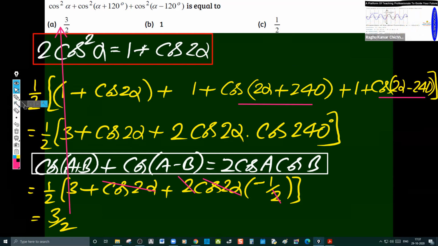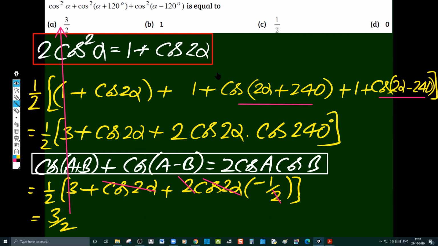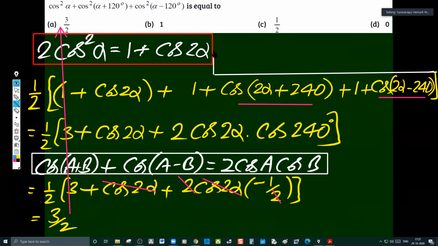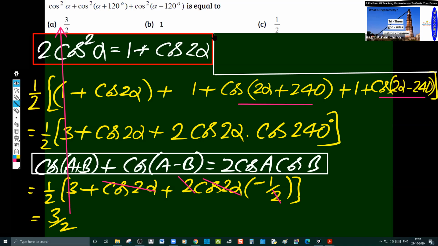So substitute values. That's it. Whatever you like. The easiest value is 0, no? 0 only, sir. Alpha 0, that's it. We'll get the answer.